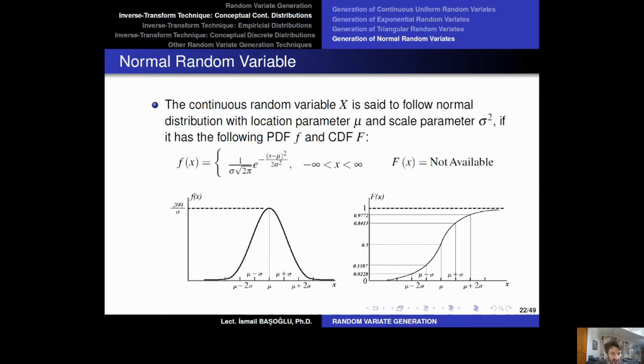Sigma square is called the variance. So the spread of the possible values of this random variable is determined by sigma itself. For a large sigma, the possible values of this random variable are also going to be far from each other.